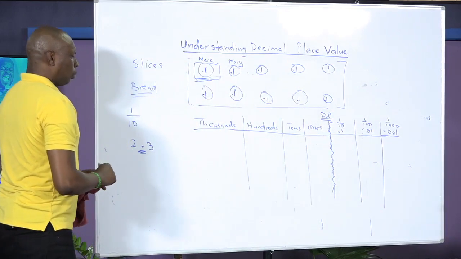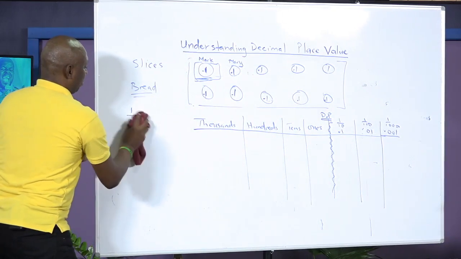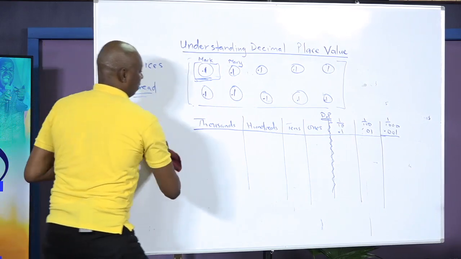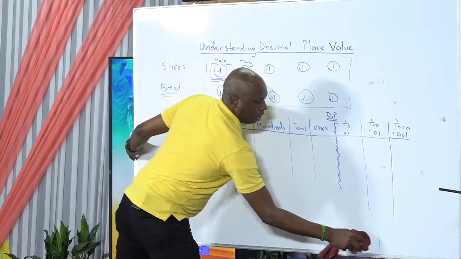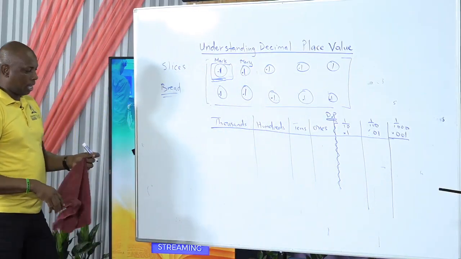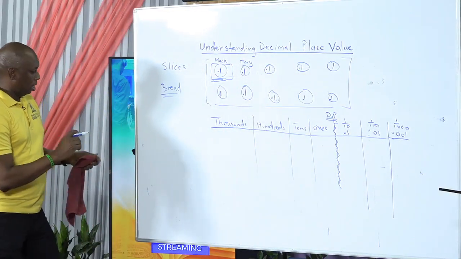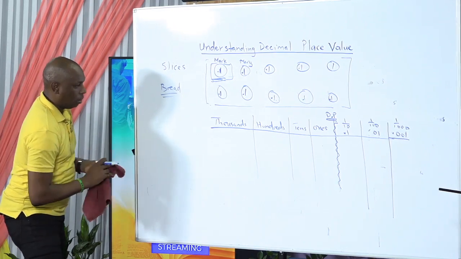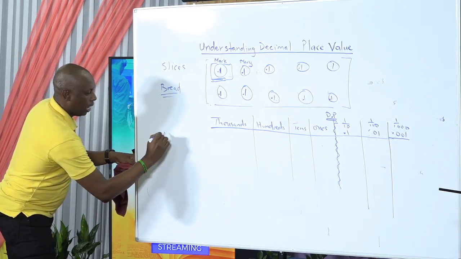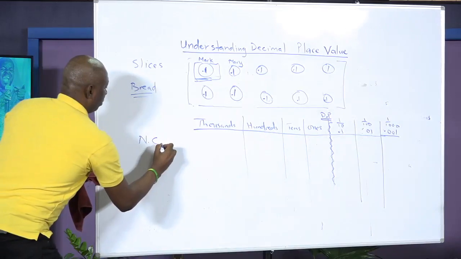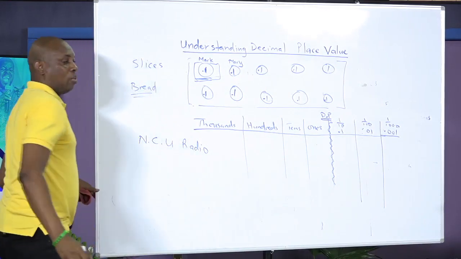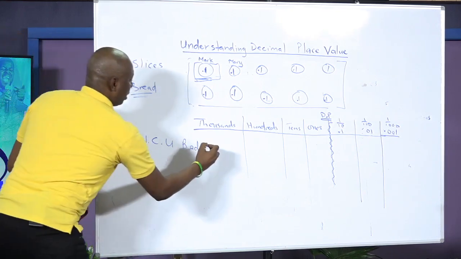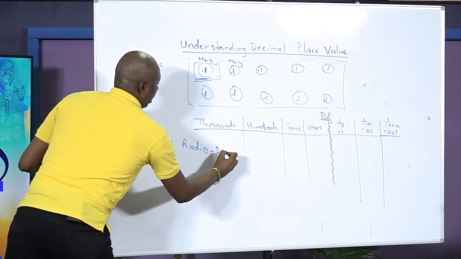Now, we can look at using decimals in real life. Have you ever listened to a radio station? Does anyone know the dial for NCU radio? This is usually a decimal number.